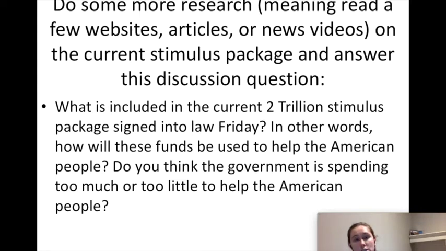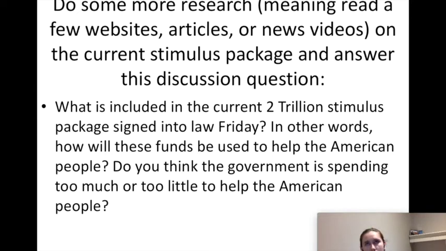I want you guys to basically figure out what was all included in that $2 trillion stimulus package that was signed into law Friday, and how will these funds be used to help the American people? So I want you guys to figure out what's really included in this, and how that is going to benefit our economy.